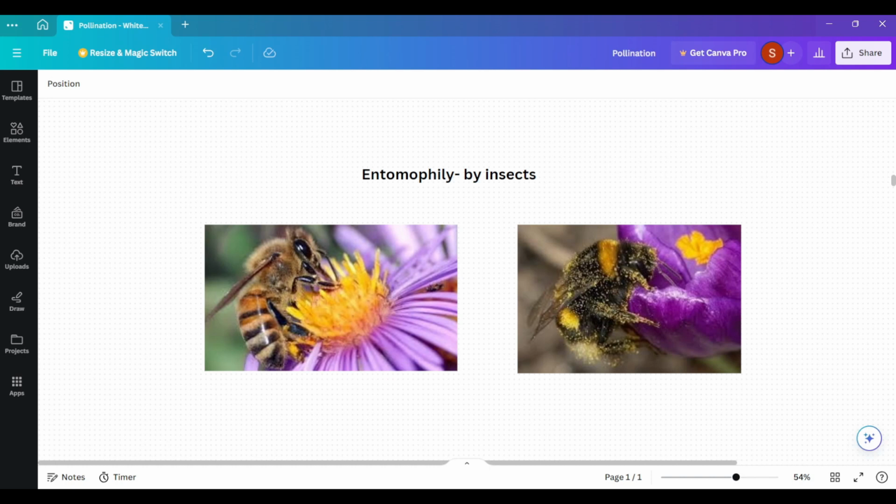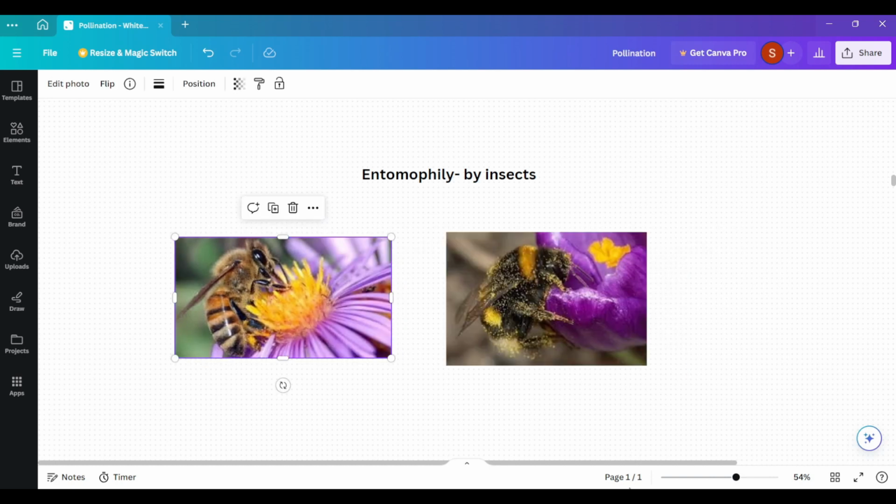They visit a plant, and while sucking the nectar, the pollen grains get attached to their body, and once they visit another flower, these pollen grains are shed onto the stigma of the other flower. That's how these pollinators carry out pollination.